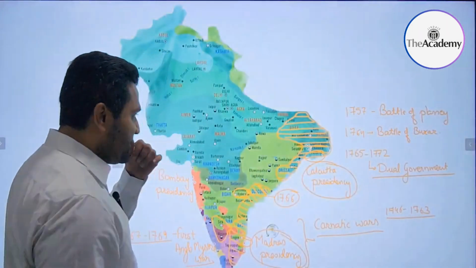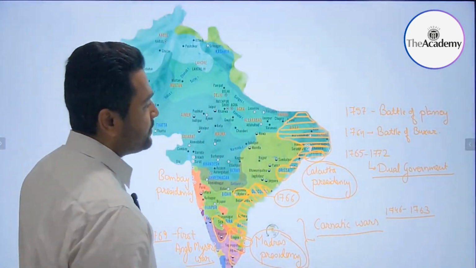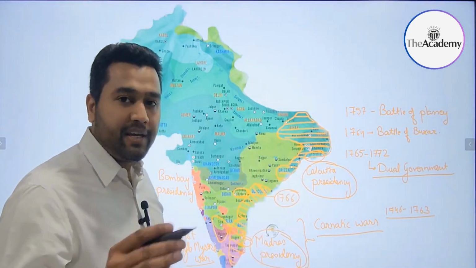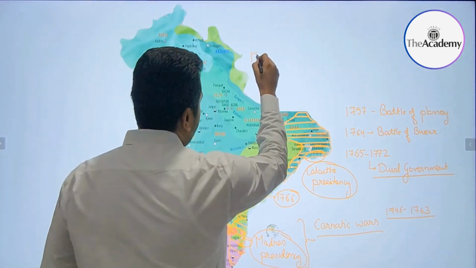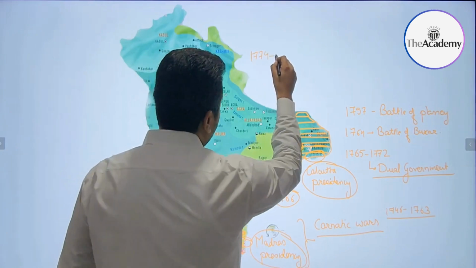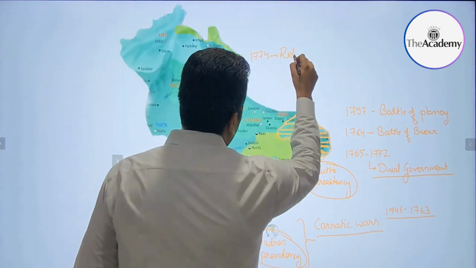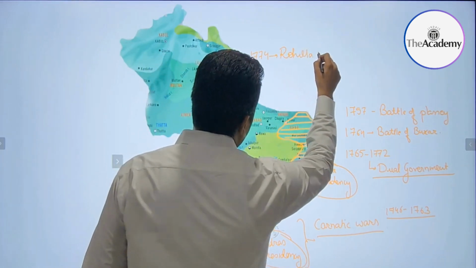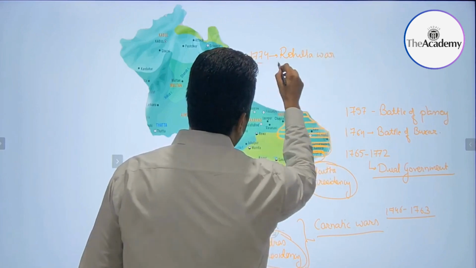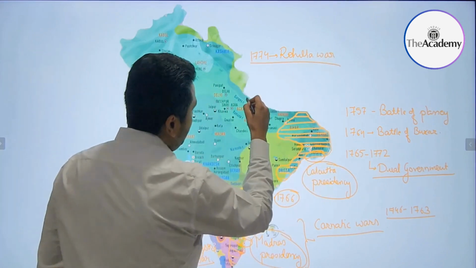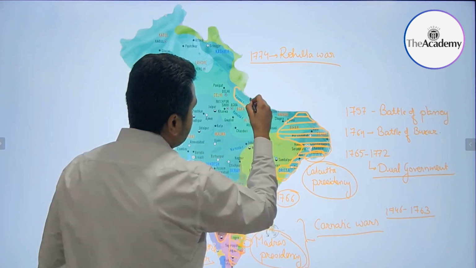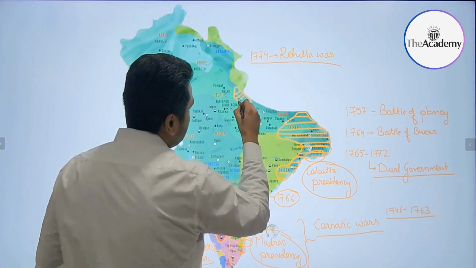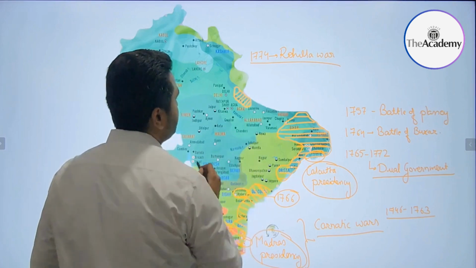And back on the territorial front, when Warren Hastings became the Governor General in 1774, he fought the Rohilla War. This entire region of Rohilkhand was annexed by Warren Hastings.